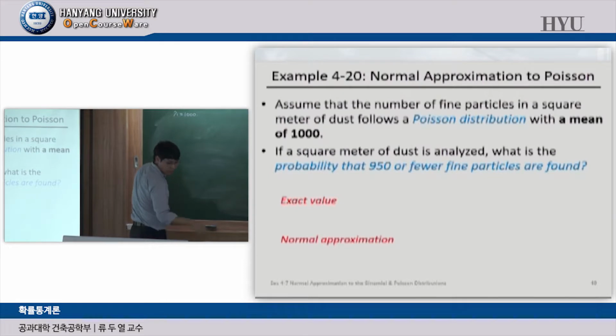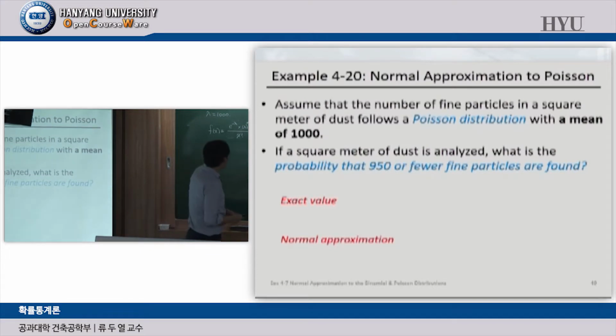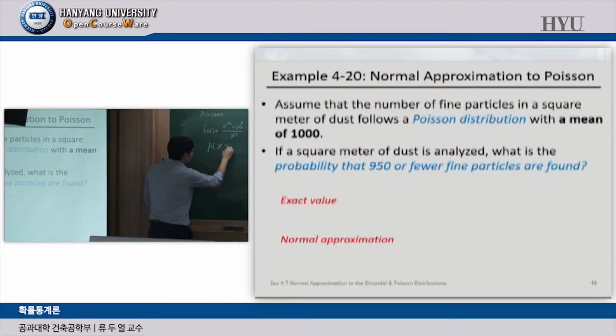And what is the probability mass function of the Poisson distribution? That is e to the minus lambda times lambda to the x power over x factorial, right? That is the equation for the Poisson distribution. And the question was, what is the probability that 950 or fewer fine particles are found? That is the probability of x, when x is smaller than or equal to 950, right?